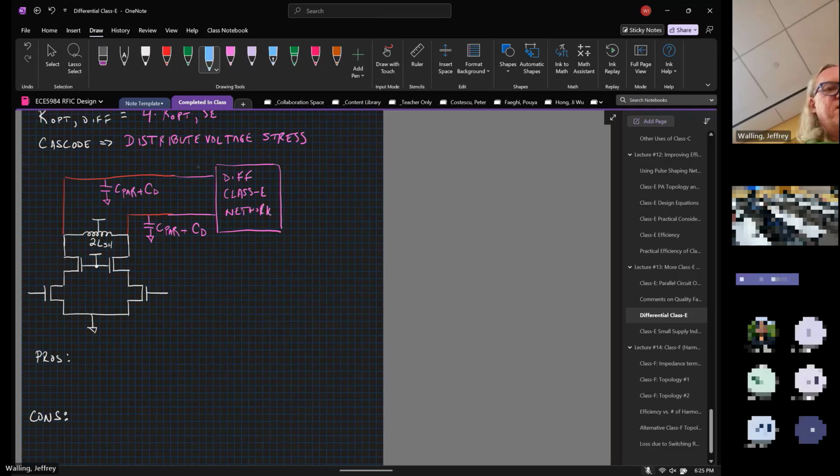The goal of this network is to present Z opt for class E, and this could be for the parallel circuit or the series circuit. I can design it either way. If it's the series circuit, I'm going to try and present R opt 0.577 times VDD squared over P out plus X opt. If it's the parallel circuit, I'm just going to present R opt, which will be 1.365 times. So the fundamentals are still the same.